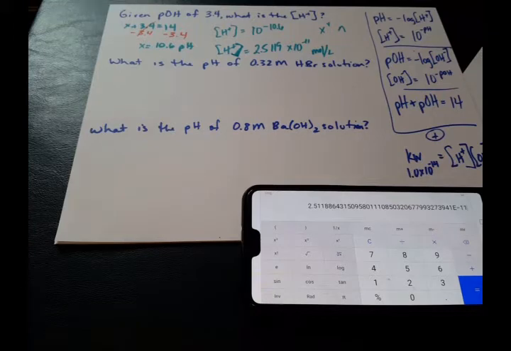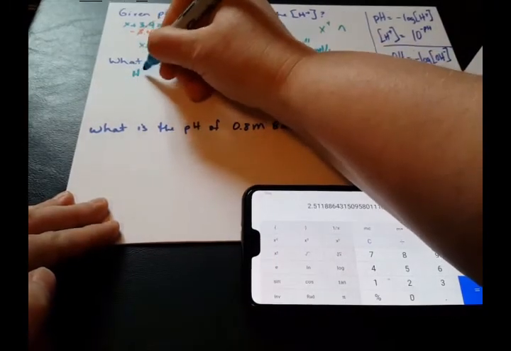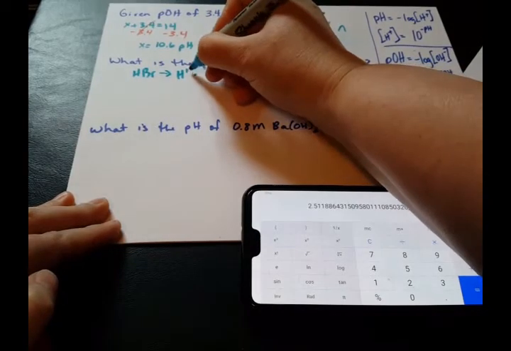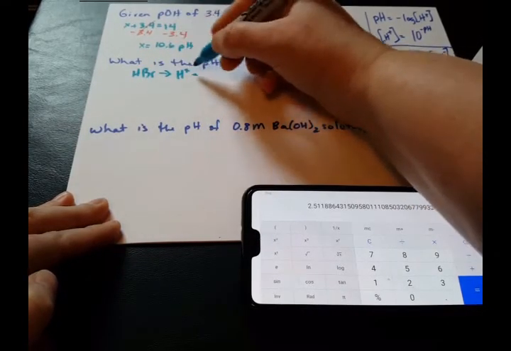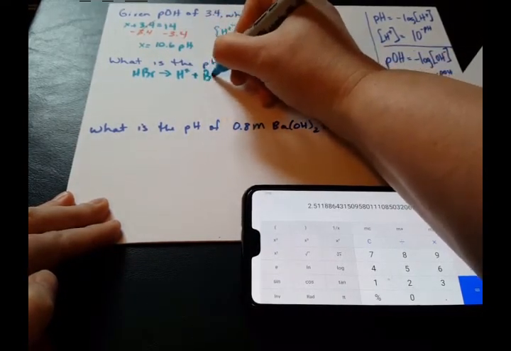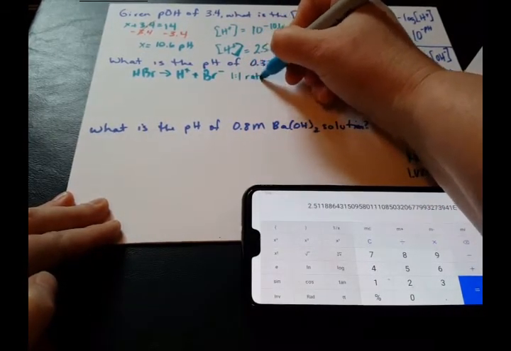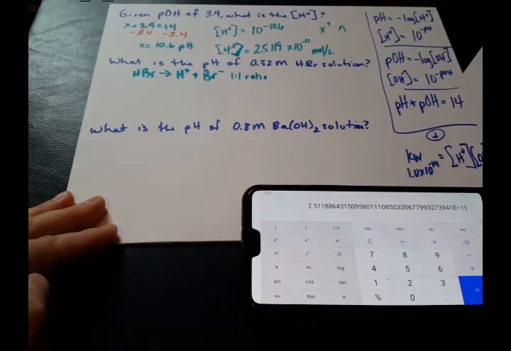Next question, we'll go back to the HBr from our last video, and we've got a 0.32 molar solution. We want to find the pH of this. So given that we have the concentration of the hydrogen ion, because when hydrogen bromide is in solution, we're going to get that 1-to-1 ratio of hydrogen bromide to hydrogen ions.